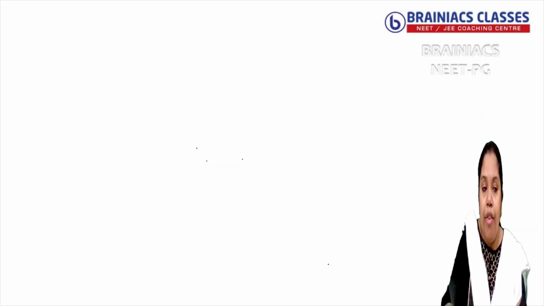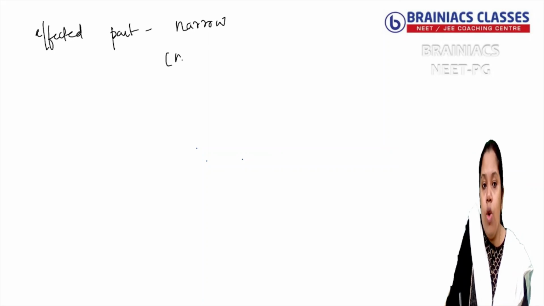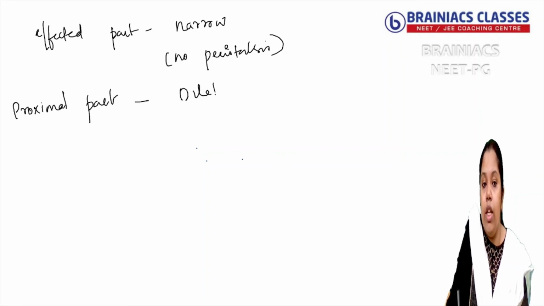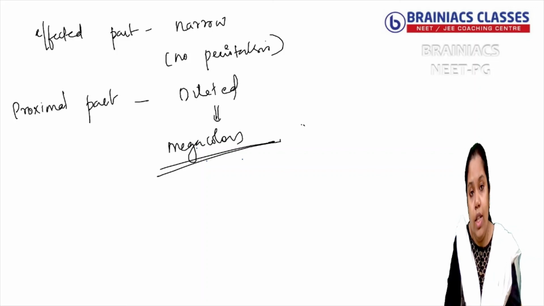The affected part will become narrow since there is no peristalsis. So what happened to the proximal part? The proximal part to this affected part will be dilated, giving rise to the appearance of a megacolon. This is called megacolon or Hirschsprung's disease.